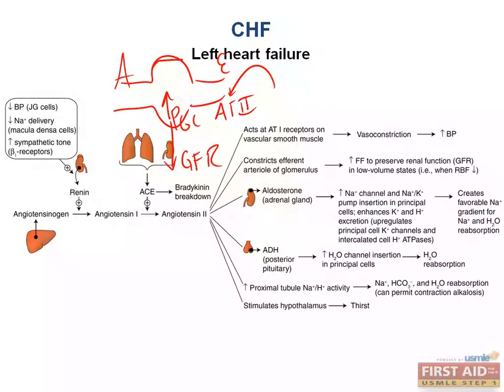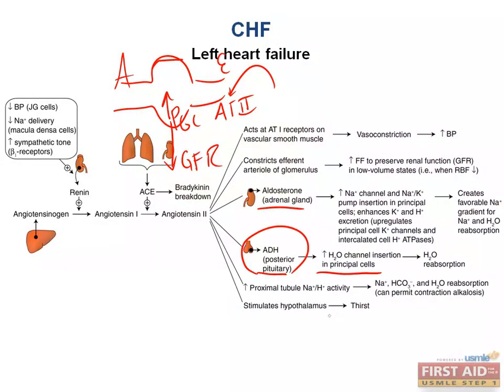In addition to that, it stimulates the sodium proton antiporter of the proximal tubular cells to increase sodium uptake. It also stimulates aldosterone synthase to make more aldosterone from the adrenal gland. It tells the posterior pituitary to release antidiuretic hormone because we want to save fluid to increase our intravascular volume.